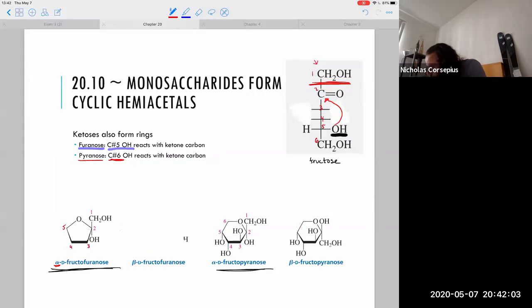Notice that on carbon 5, I still have this CH2OH group. Unlike when I made my 6-membered ring and it was like a naked carbon there, that's not going to be the case for my 5-membered ring. I'll still have that, and it's going to be pointed up. Convention's always going to be for the D sugar that that group is pointed up.